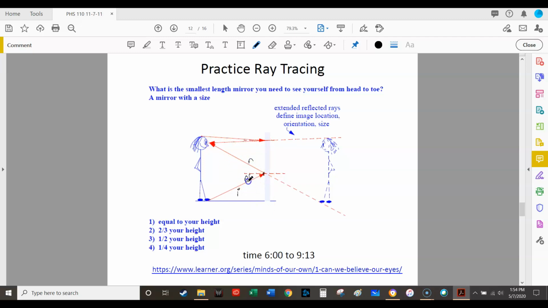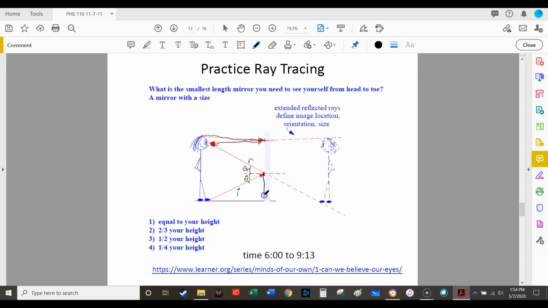This is theta sub I, and this is theta sub R. You're seeing those two as the same angle, right? And how you're seeing your head is the top of your head is emitting scattered light, hitting the interface and then coming back in at the same angle. So that's how this image forms over here.